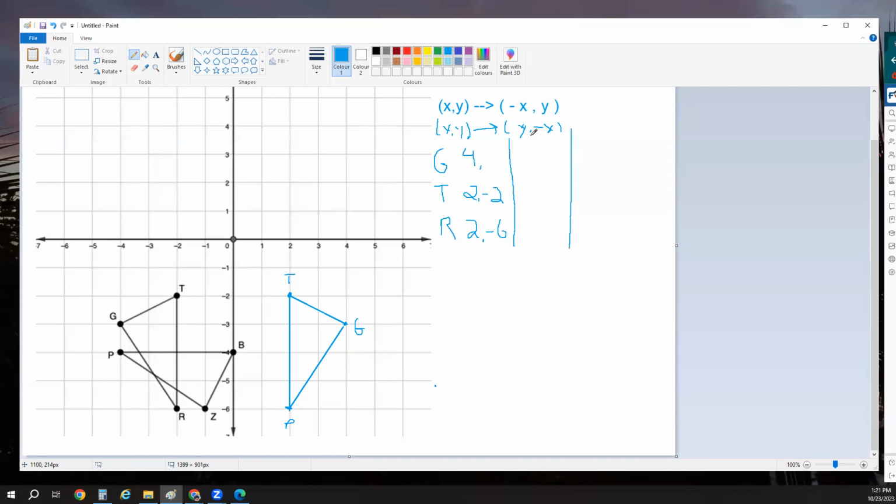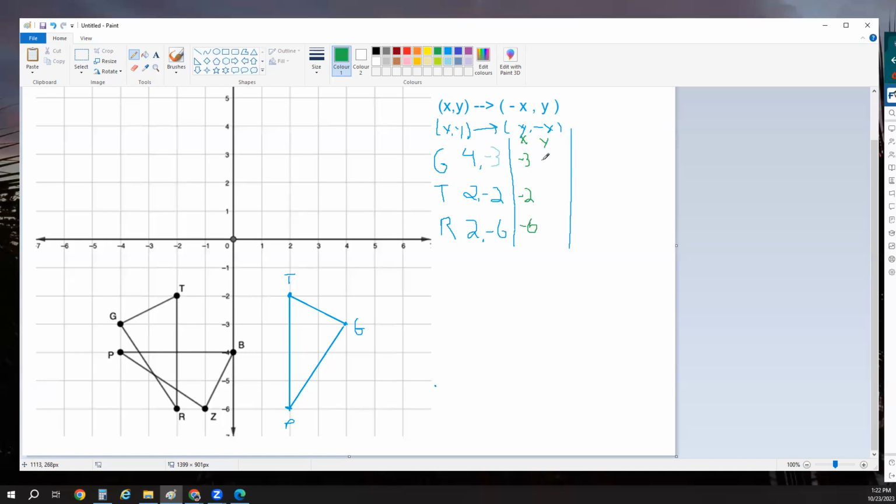All right, so our new x coordinate and our new y coordinate are going to be pulled from the y. What was that one? -3. Oh, I didn't write that down. -3. Okay, so our new x coordinates are -3, -2, and -6.